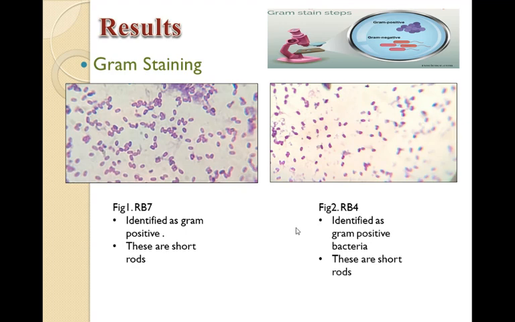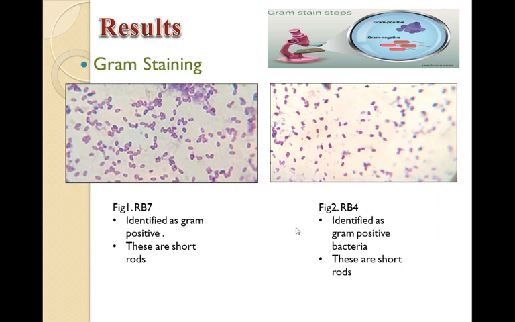Here I have added the result slide of my project, in which the first step was the identification of the microbes or bacteria. According to different objectives, different types of staining are carried out.